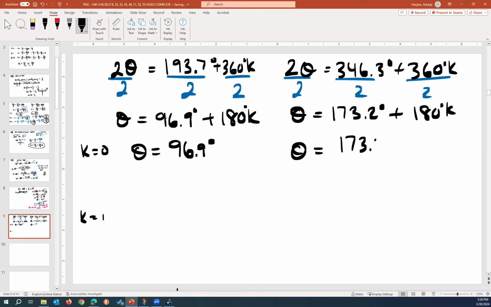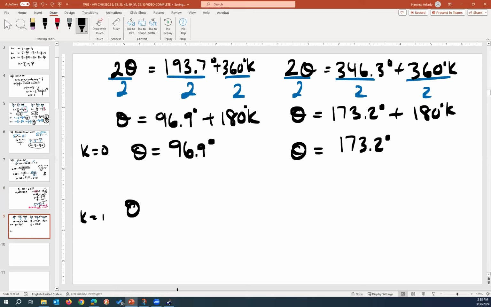Just be mindful of that, and if you're off by that much, that's okay. You're still doing good. The answer in the back of the book could be 173.2, 173.1, or 173.3, just because we were already rounding off before we did the rest of it. Okay, so those are 2 answers.